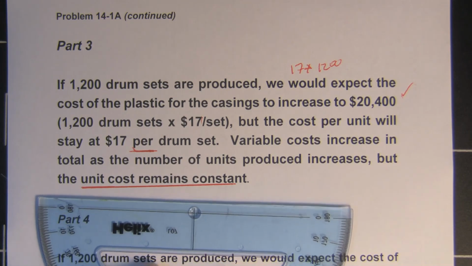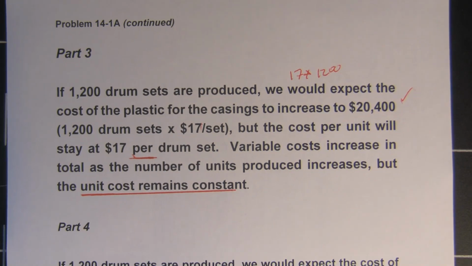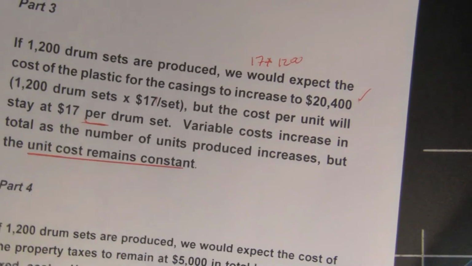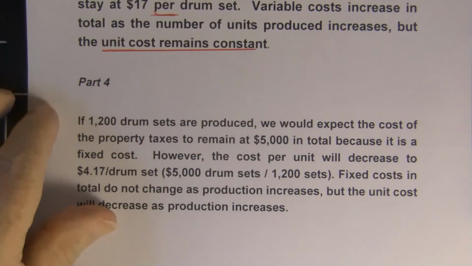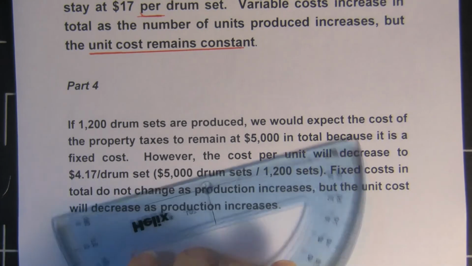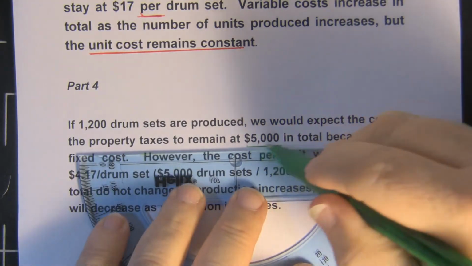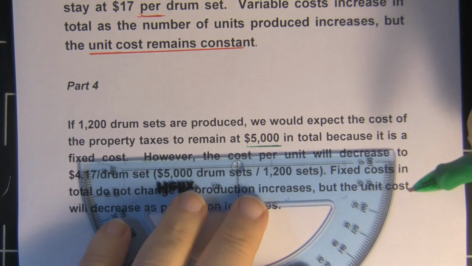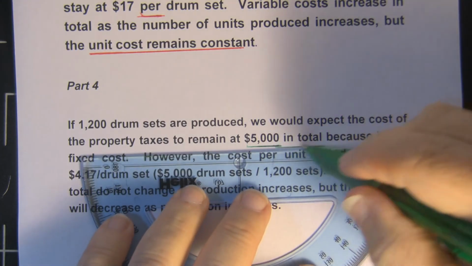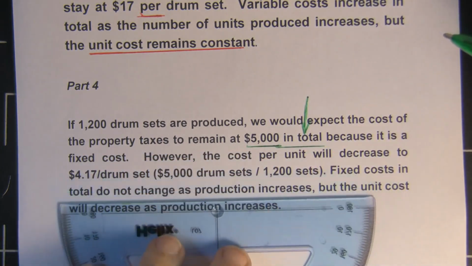Now, the next piece it's going to ask us in part 4, it's saying, what's going to happen if we make more drums? What's going to happen with the property tax? Well, the property taxes are going to still stay at $5,000. They're fixed costs. So they're going to be $5,000 in total. And that's the important word, in total.